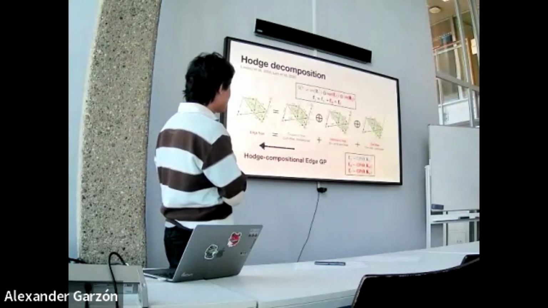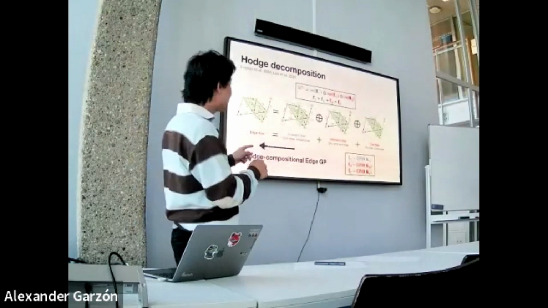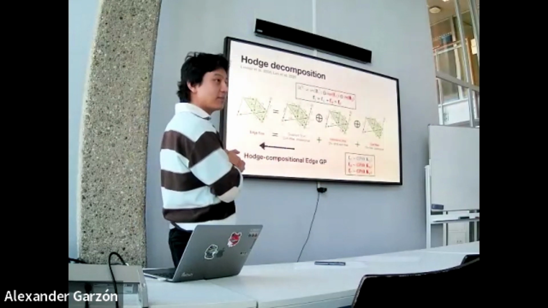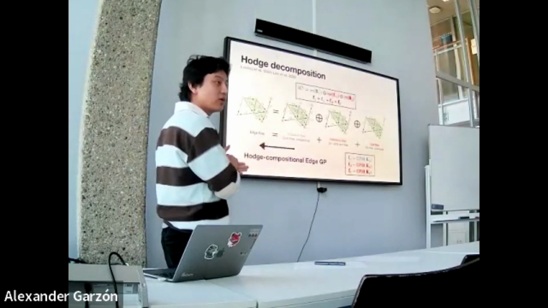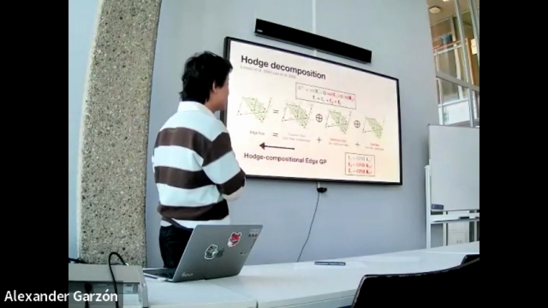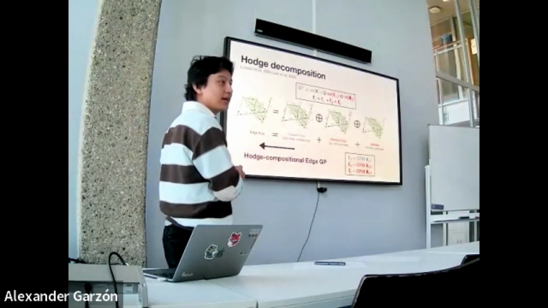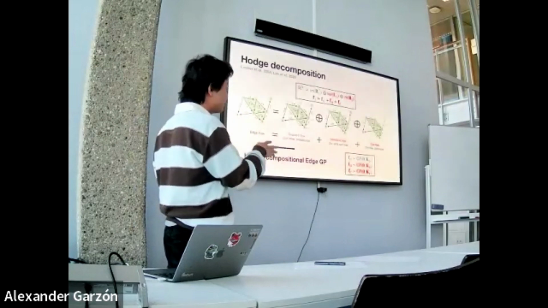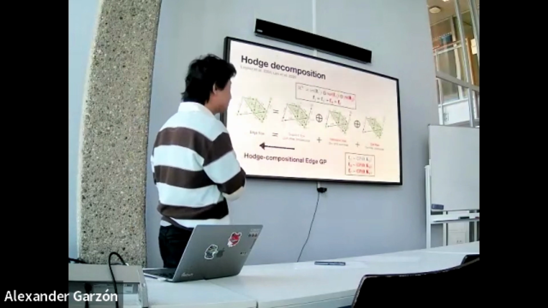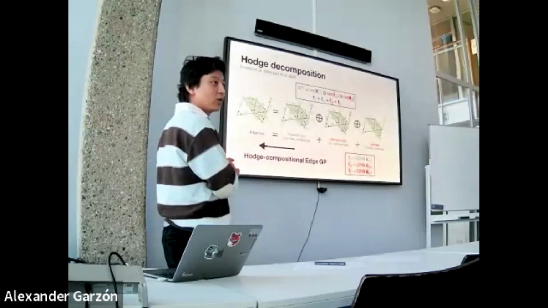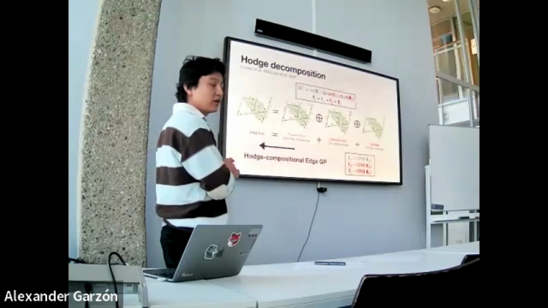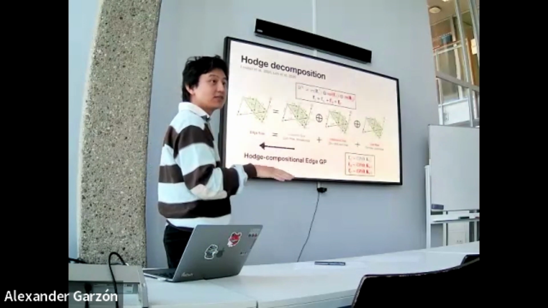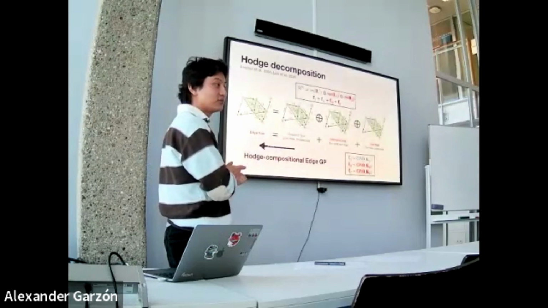One part is the gradient flow, obtained as a gradient of some node function. Another part is the curl flow, some curl adjoint operation on some triangle functions. This type of flow is divergence free: they always enter and they always leave. And the last part is the harmonic flow, often obtained as a solution of the Laplace equation.